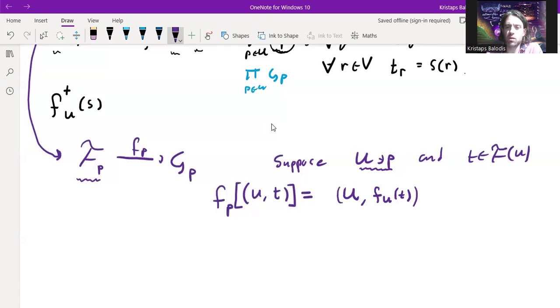This is some pair. My f sub U of T, because this is a morphism of sheaves, is going to be in the sections of G over U, right? So I'm going to send it to this equivalence class. Okay, so now I'll leave it to you to prove that that is actually well defined.